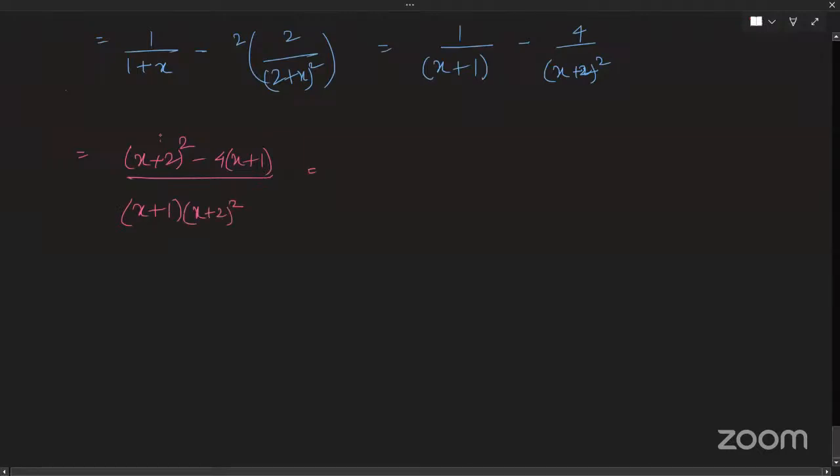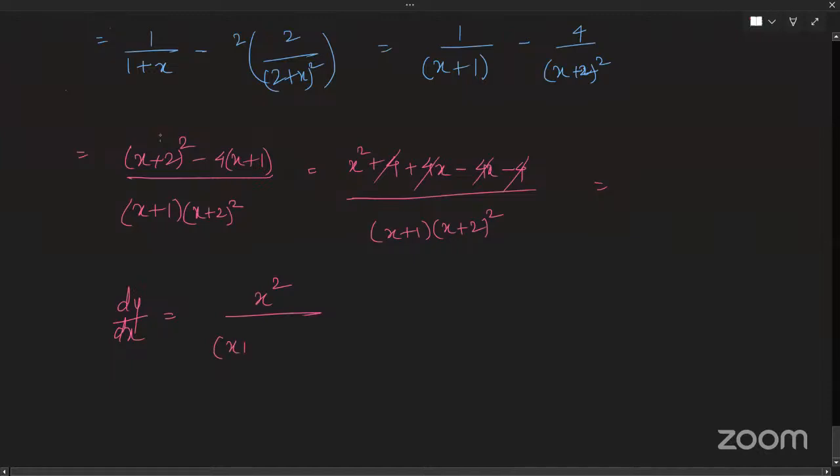So x plus 2 whole square can be written as x square plus 4 plus 4x. Okay. Minus 4x and a minus 4, whole divided by x plus 1 into x plus 2 whole square. So this 4x gets cancelled. This gets cancelled. So my value of dy by dx turns out to be x square divided by x plus 1 into x plus 2 whole square.